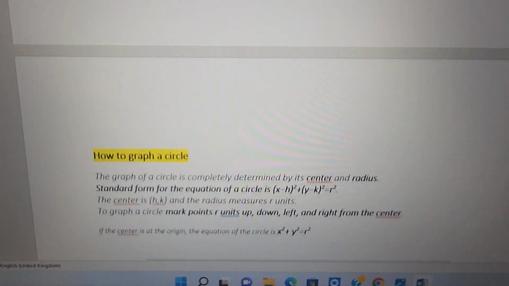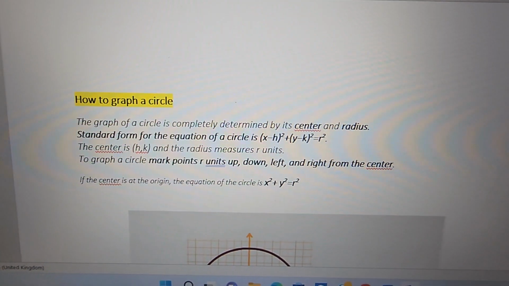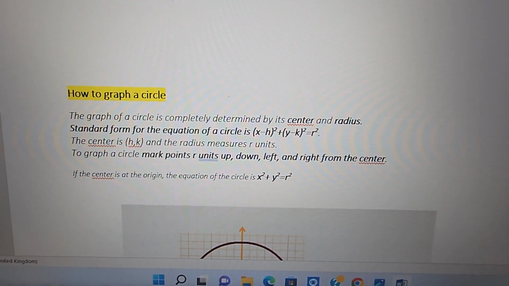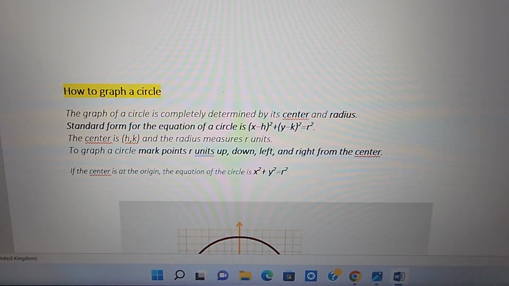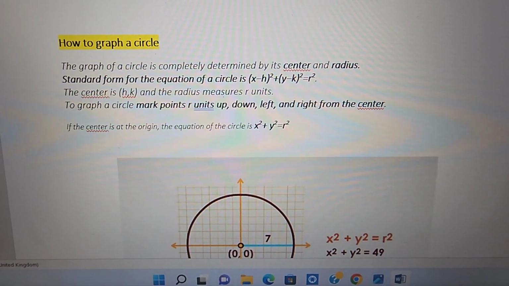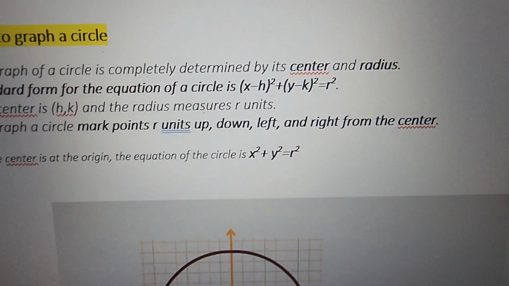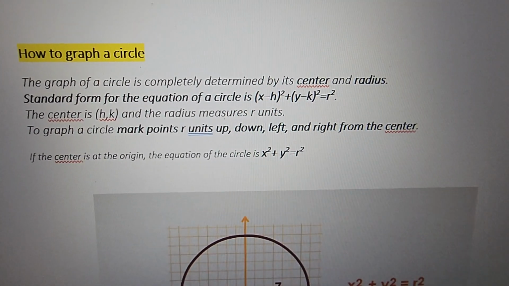So I'm going to teach you how to graph a circle. The graph of a circle is completely determined by its center and radius. The standard form of the equation is this one, like what I have explained earlier.